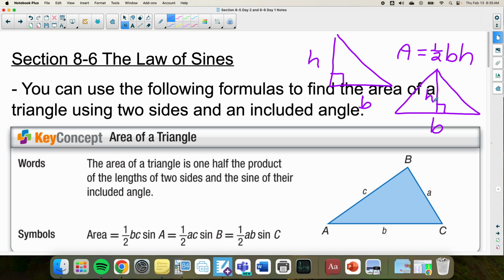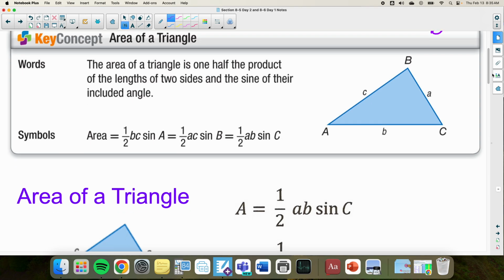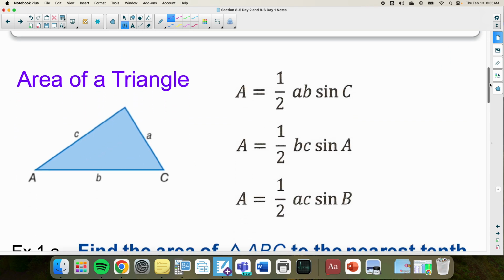So there's a different way that we can find the area of a triangle, and this is what's on your cheat sheet. One thing I want you to notice in this formula: it's 1/2, and then two sides times the sine of the angle that's not listed there for letters.